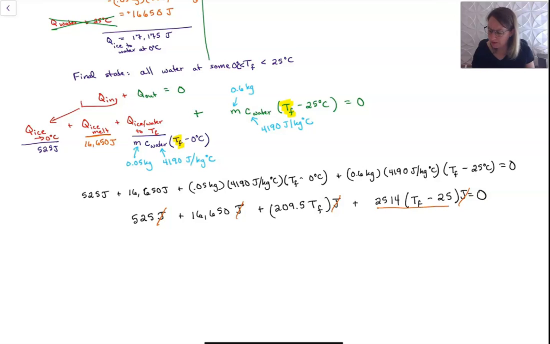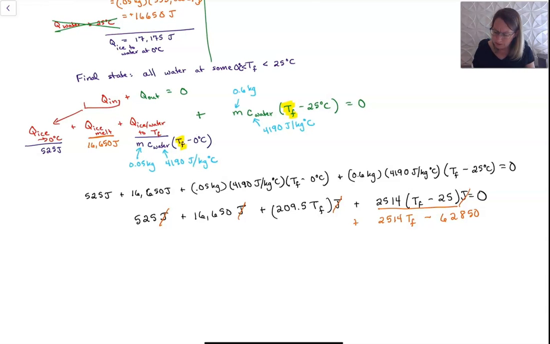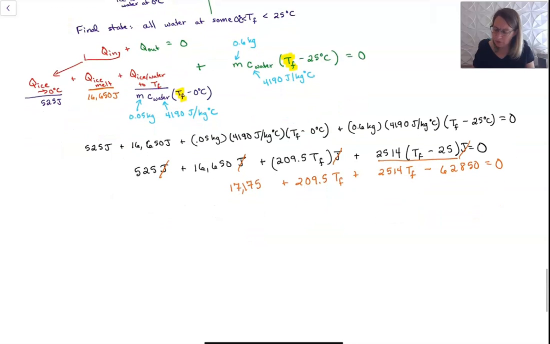So I need to multiply this out, distribute it across, and realize we've got 2,514 T final minus that, which is 62,850, plus 219.5 T final, plus adding those two together gives me 17,175. All of that is equal to 0.